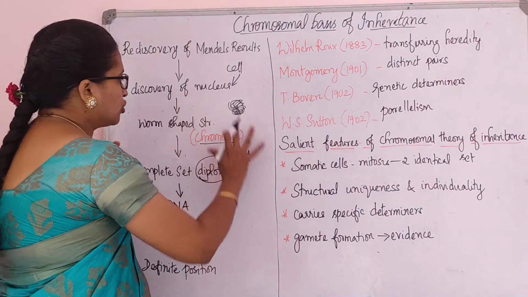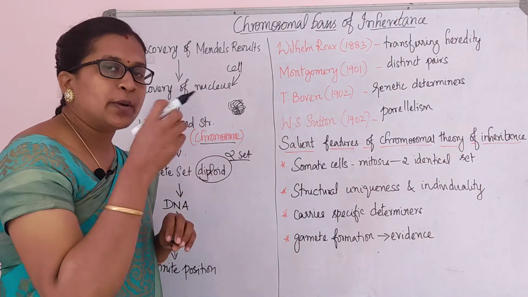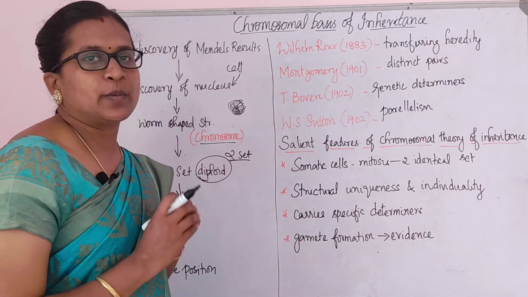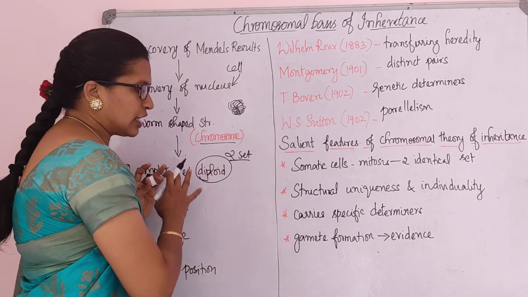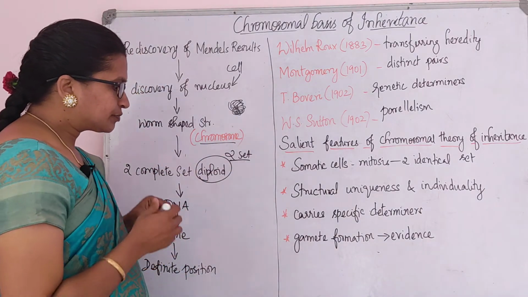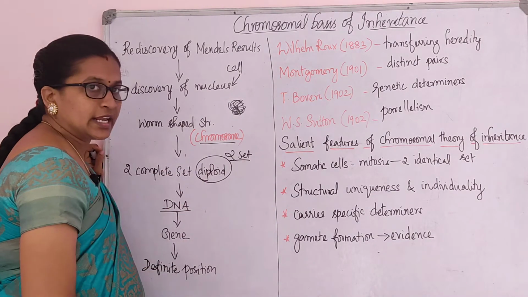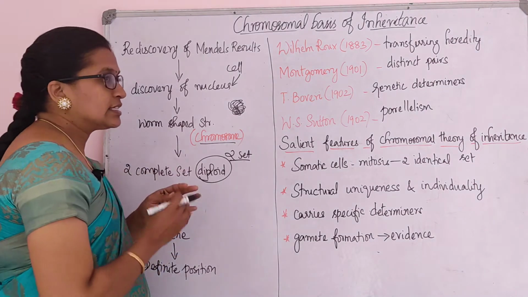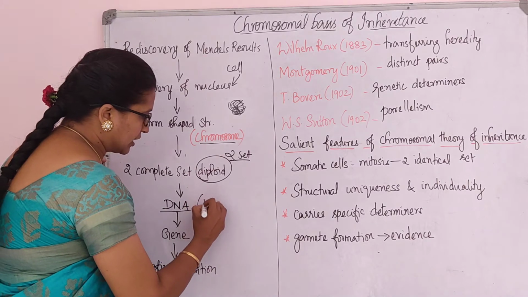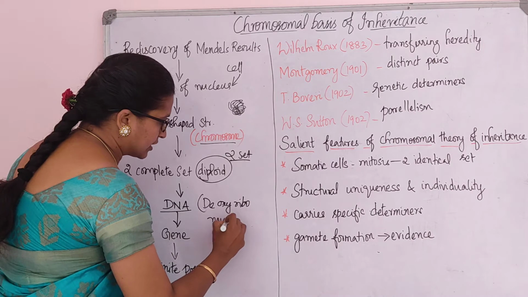This chromosome is identified in the nucleus by staining procedures, by giving some colors to the nucleus. Then they observe it in the microscope, and at that time they can find this worm-shaped structure of the chromosome. Inside this chromosome we have DNA, that is deoxyribonucleic acid.